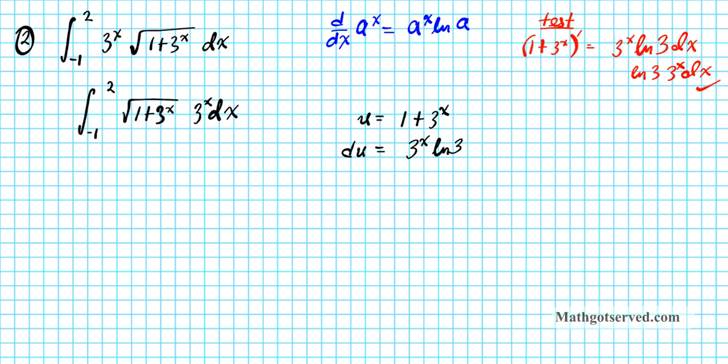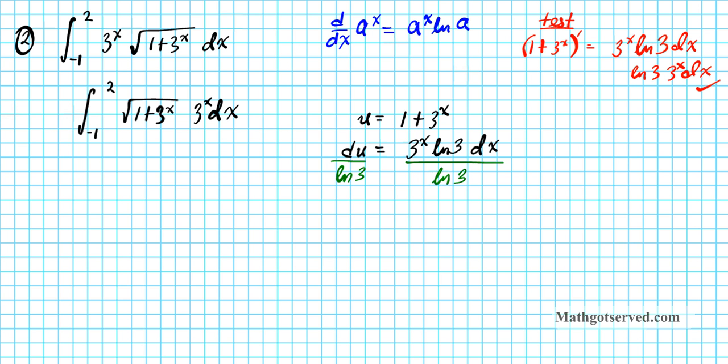Okay, so we have that, but we have to express it as differentials, dx. Here we have 3 to the x dx. If I want to make a nice substitution, I need to have 3 to the x dx by itself here. So how do we accomplish that? We simply divide both sides by the natural logarithm of 3 to eliminate that constant.